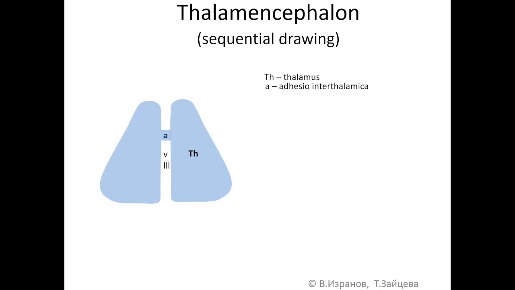V3 is ventriculus tertius, or third ventricle. Pulvinar thalami is the posterior part of the thalamus. And now we divide left thalamus on the groups of the nuclei.